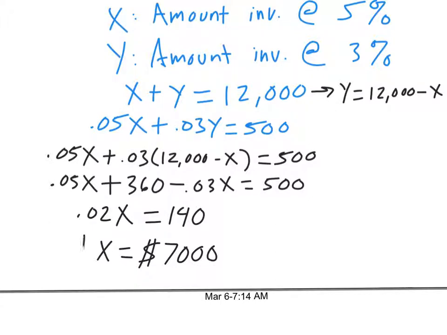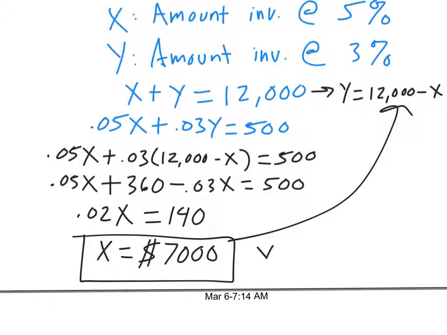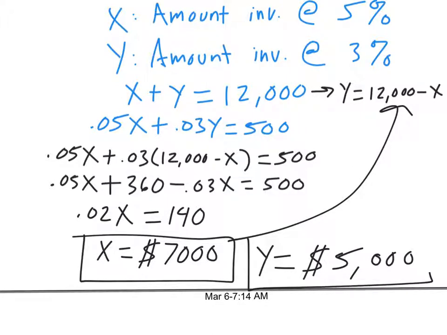Divide by 0.02, and x is 7,000. Okay? And if I were to go right back up to here and plug in 7,000, the numbers are nice enough that you might be able to just do it in your head. That would mean the amount invested in Y has got to be 5,000.